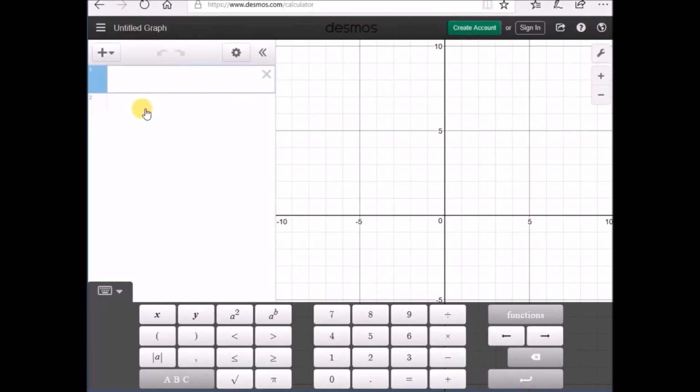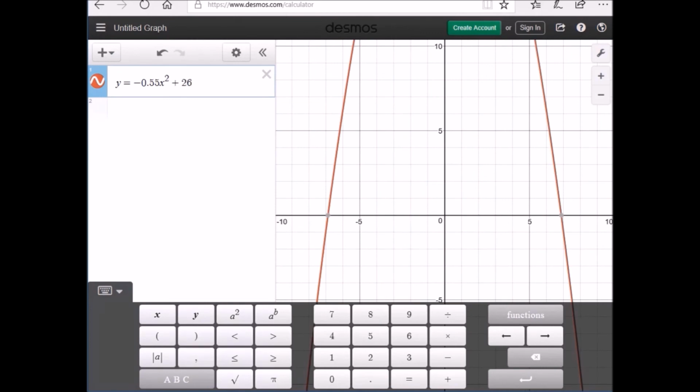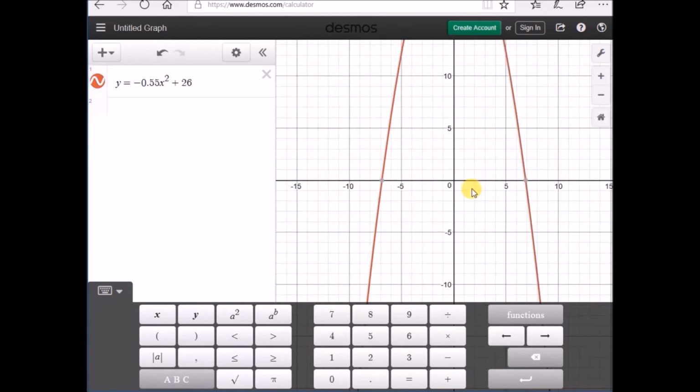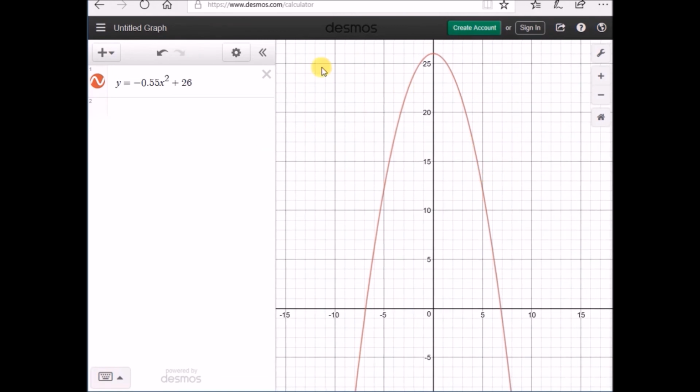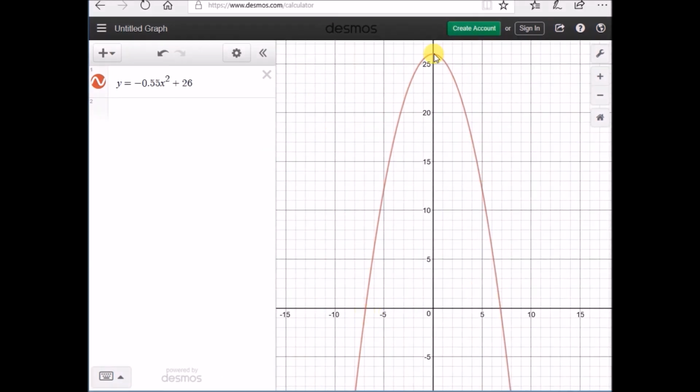So I'm just at Desmos.com, and I'm going to put y equals negative 0.55x squared, and I think it was plus 26. Okay, so what do we want to plot? Well, I want to plot the vertex, which I get is 0, 26.